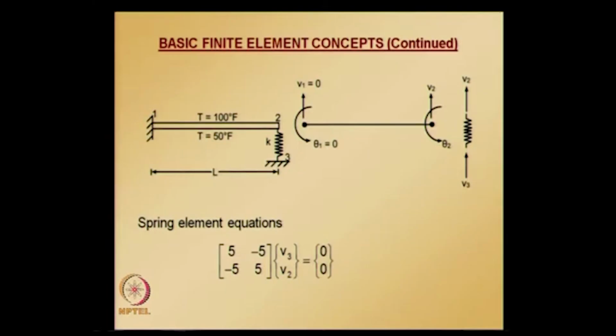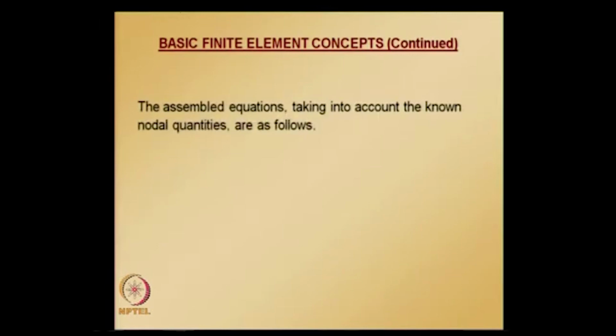The quantity minus 5 at the 1 2 location goes into the 5 3 location. Similarly, the minus 5 at the 2 1 location goes into the 3 5 location, and the component at the 2 2 location goes into the 3 3 location of the global equation system. With this understanding we can get the final assembled global equation system.